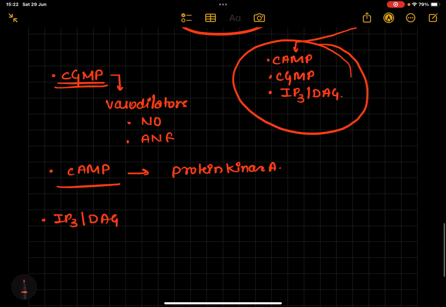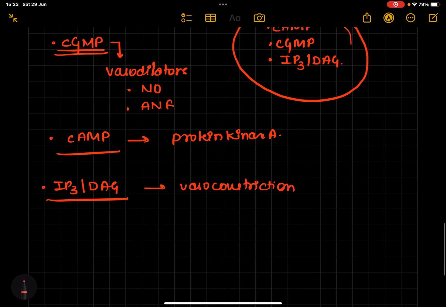IP3 DAG is responsible for vasoconstriction or contraction of muscle. So IP3 DAG, calcium is required for vasoconstriction. So the hormones that play a role in vasoconstriction will have the IP3 DAG effector.